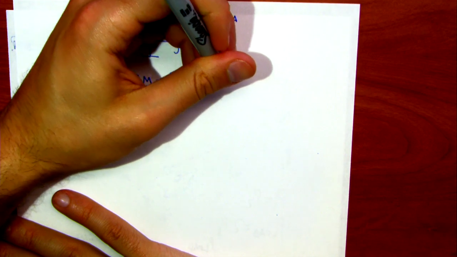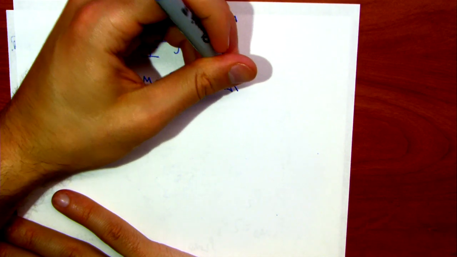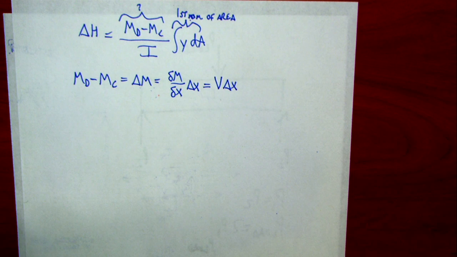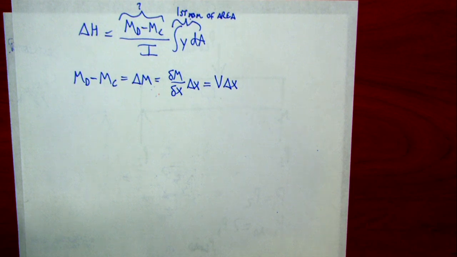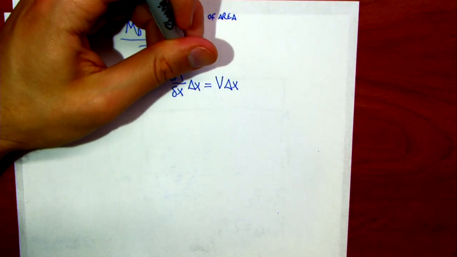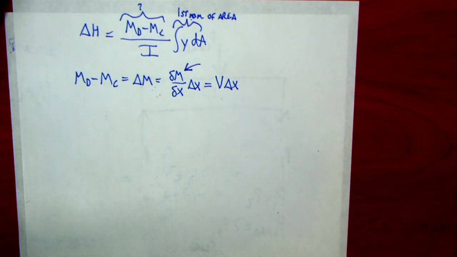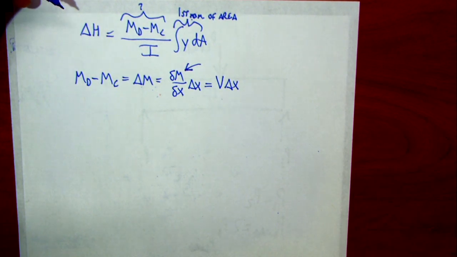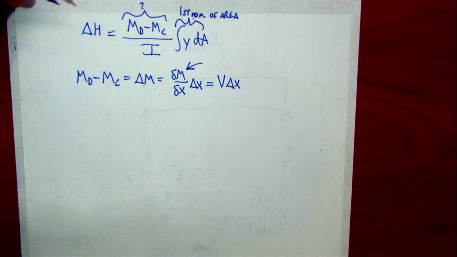I'm going to abbreviate that as capital V dx, where V is the rate of change of moment with respect to x. If I take the derivative of my bending moment with respect to x, I get what? What relation have we noticed between our shear and our bending moment diagrams? Slope? Yeah.